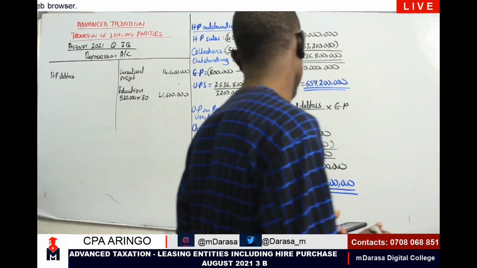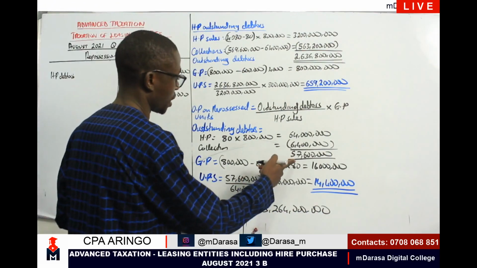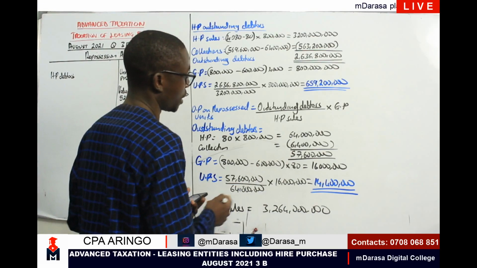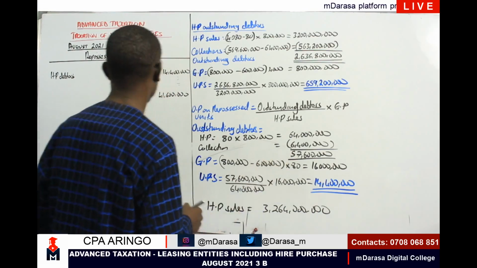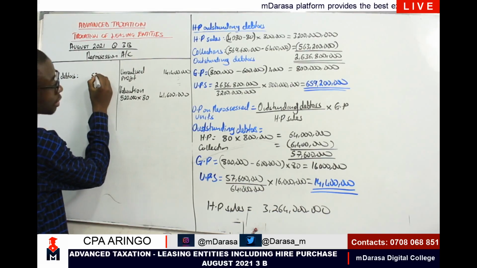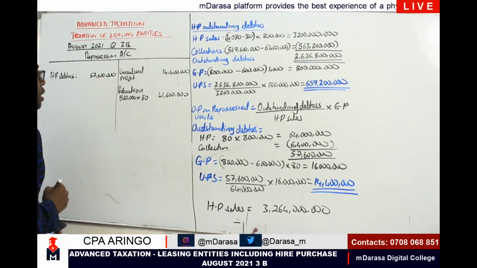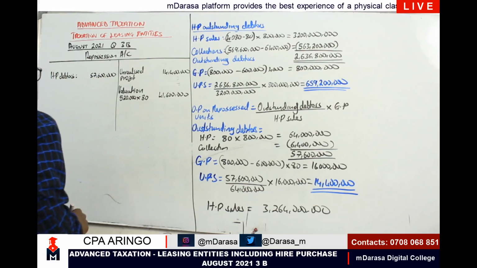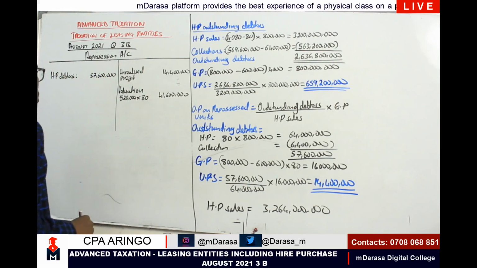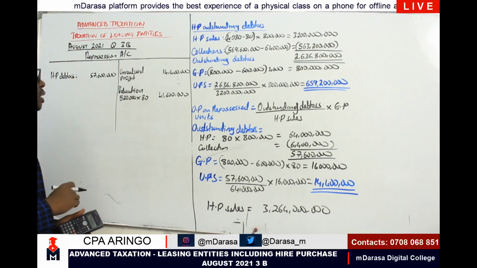Outstanding debtors, we already determined that figure, 57,600,000. So determining if we had either a gain or loss on repossession, because whatever was outstanding was 57,600,000.